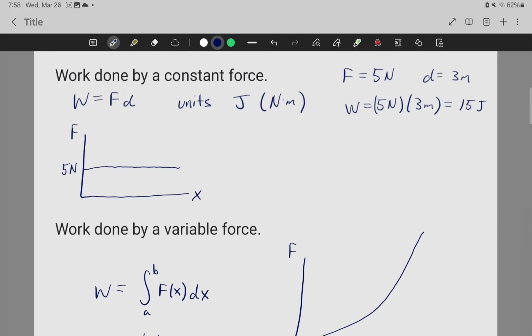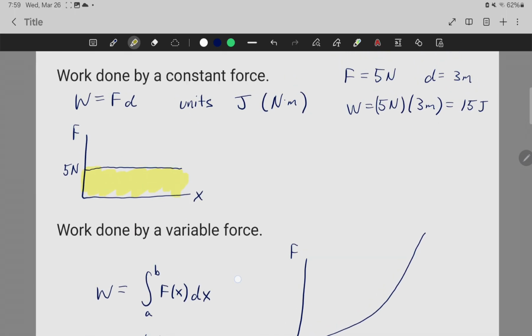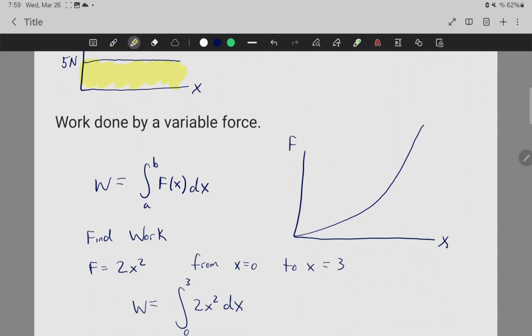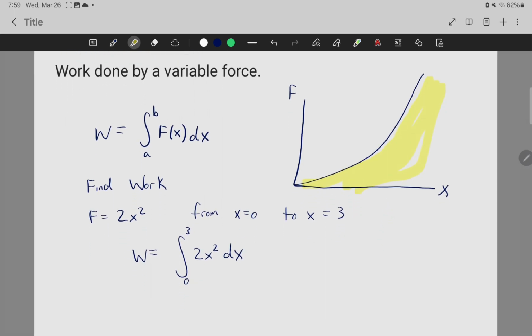Just like in the earlier example, the area under the curve was our work, but it was easy because it was just like finding the area of a rectangle: you multiply the height times the width. Instead, now our whole work is going to be the area under this whole curve, which is also the integral.